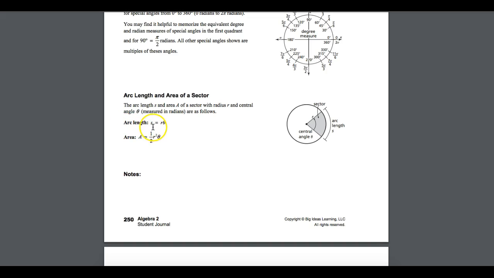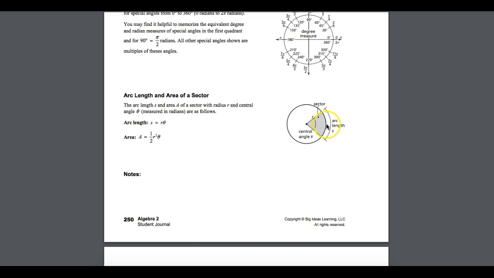The arc length, we're going to call that S. That's just equal to our radius times our angle. Now, the key here is our angle needs to be measured in radians. So in order for this arc length formula to work, we have to have our angle measured in radians.